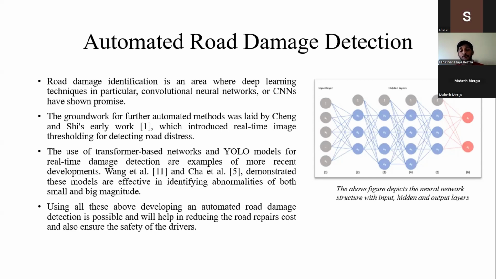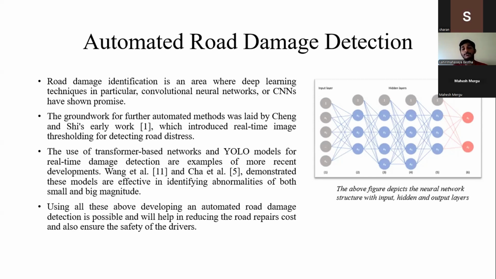There are also segmentation models which exactly segment where the cracks are present and showcase their location. Using these technologies, we can easily detect and differentiate the types of distresses, and we can also determine severity levels.